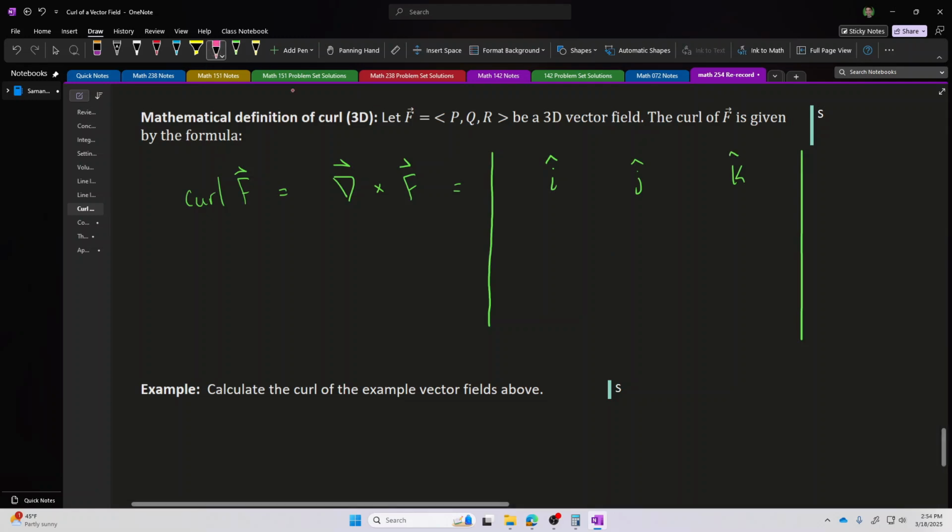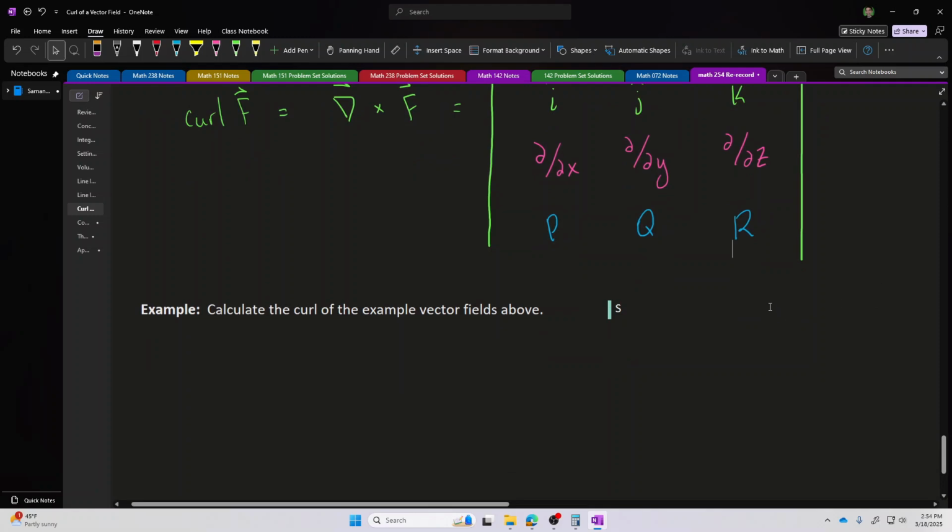In the second row were the entries of the first vector in our cross product, which for nabla is partial partial x, partial partial y, and partial partial z. And then the final row in the matrix would be the entries of the second vector in the cross product, the x component of the field, the y component of the field, and the z component of the field. The curl is given by this formula.